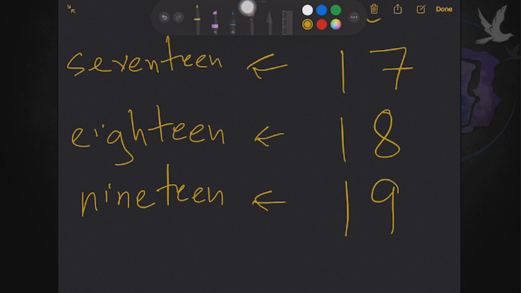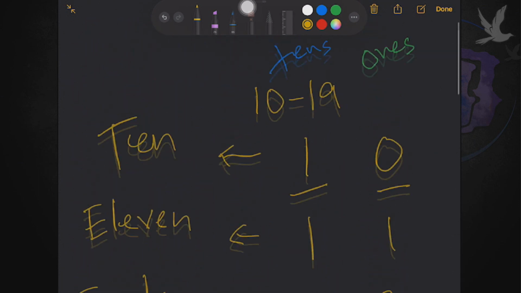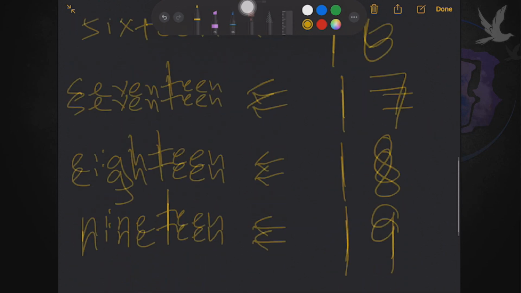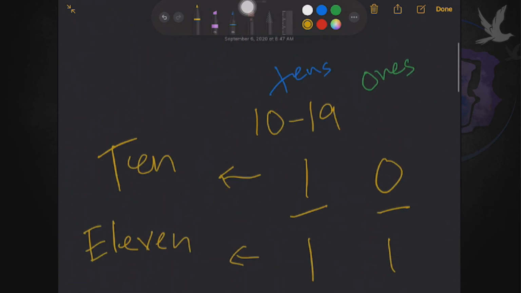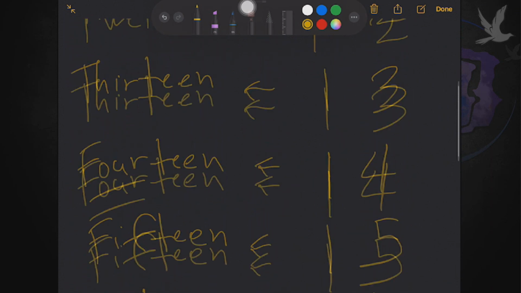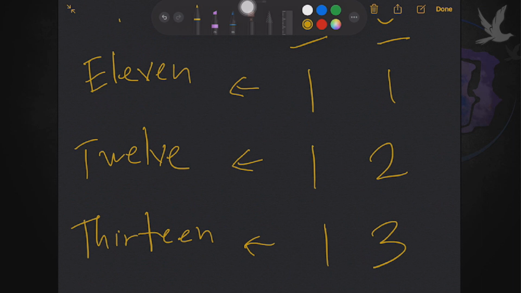These numbers are the ones that can be complicated for some. But once you reach 20, everything will be a lot easier. Let's try to do that.